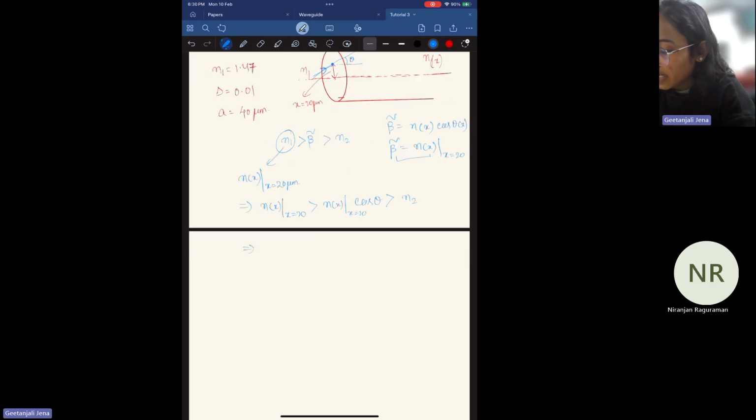So just divide by n(x) at x equal to 20. We get 1, and this is cos theta, and this is N2 over n(x) at x equal to 20.